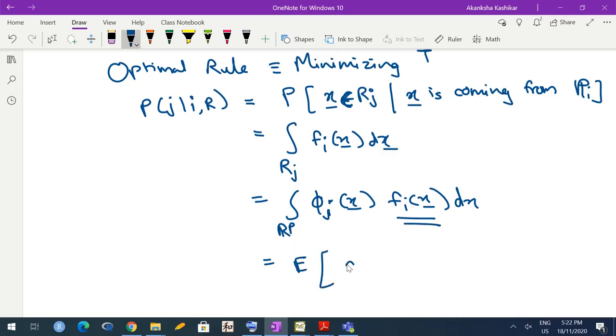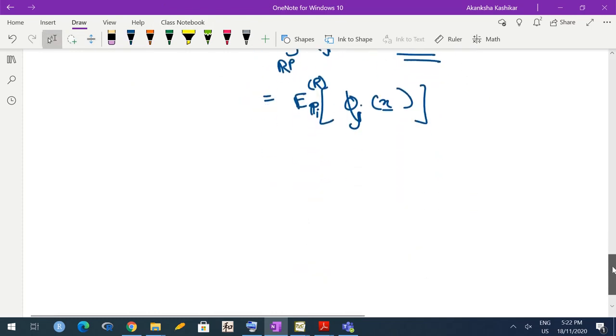So this becomes the expectation of phi j(X), where the expectation is taken with respect to the ith population Pi and rule R. So this conditional probability is actually the expectation of phi j(X) with respect to the ith population on the basis of rule R. Everyone with me so far?